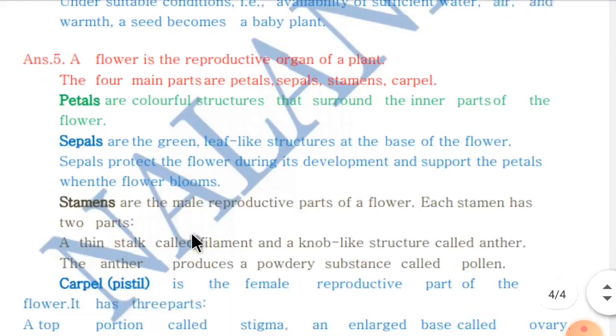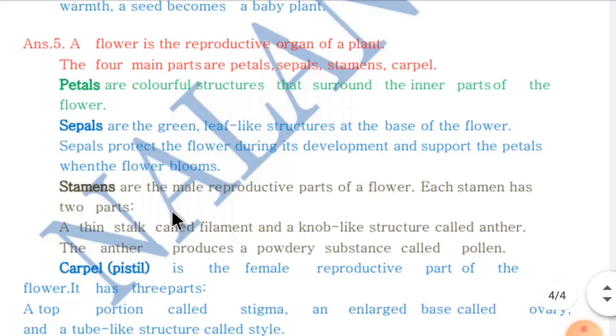Now let's see, the next question is, what are the four main parts of a flower? Describe them in detail with the help of a labeled diagram. So the answer is, a flower is a reproductive organ of a plant. The four main parts are petals, sepals, stamen and carpel.